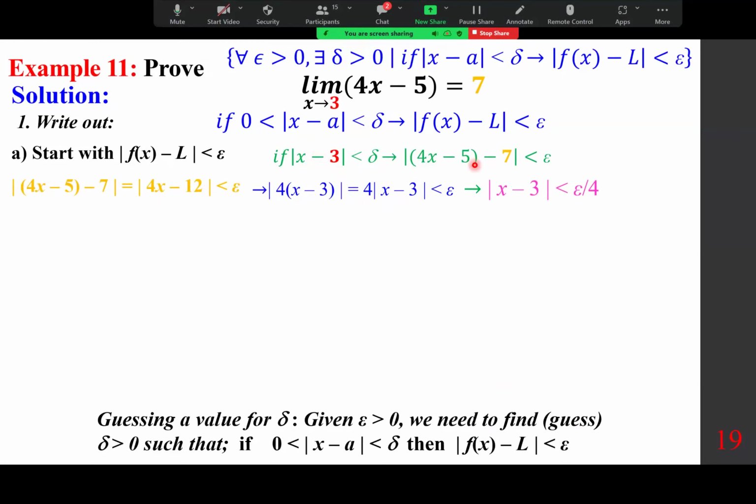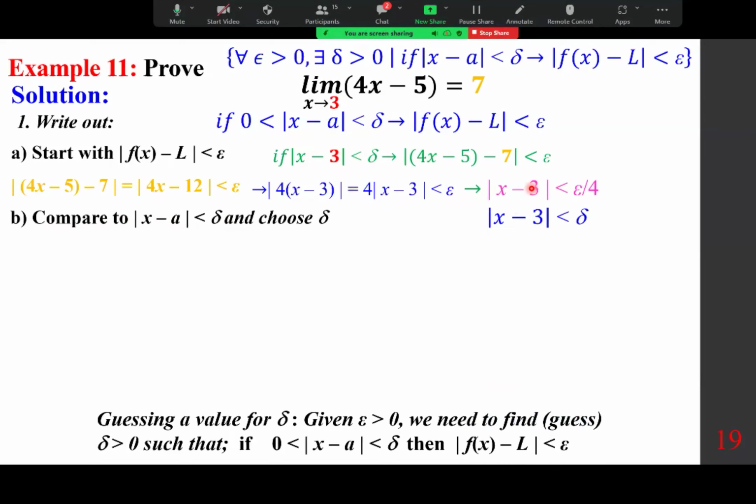Now we're going to compare these two. So the second part, B, compare it. Put this one next to it. They are identical, so these two must be the same. So what is your choice for delta? Epsilon divided by 4. That's the main part.